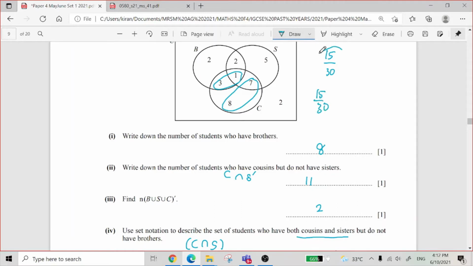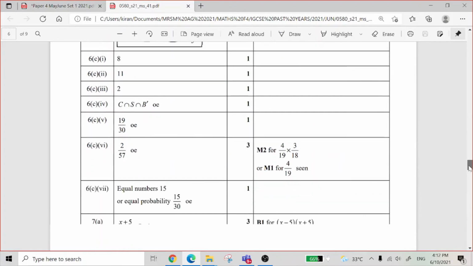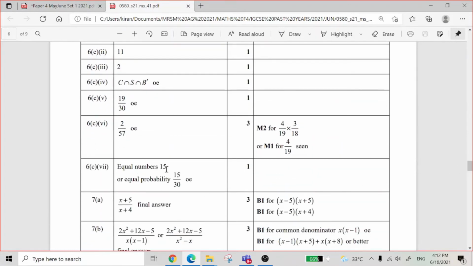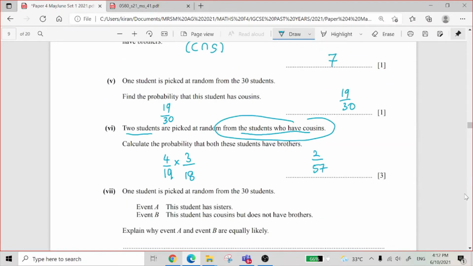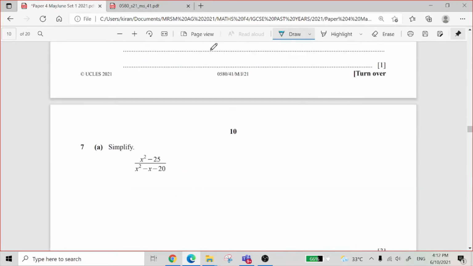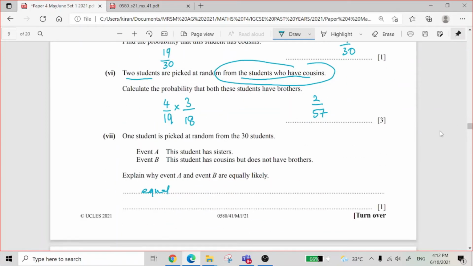As you can see, both probabilities are equal, so they are equally likely. They have the equal number 15, so they have equal probability. That is how to explain this question.